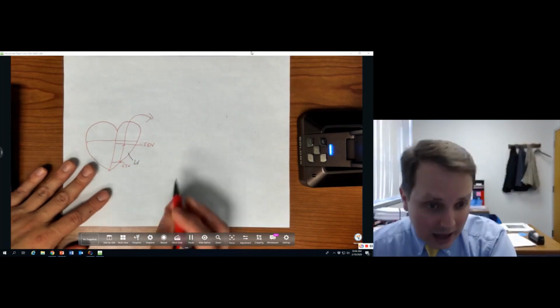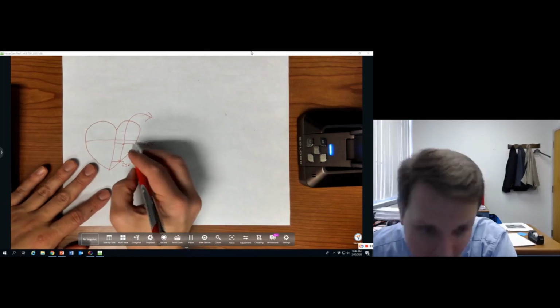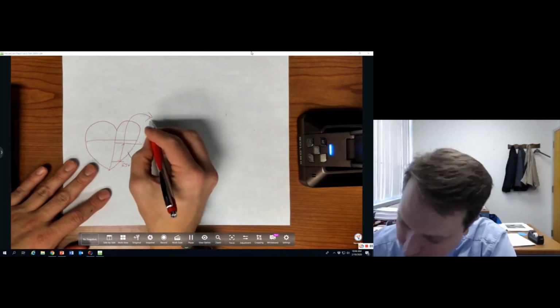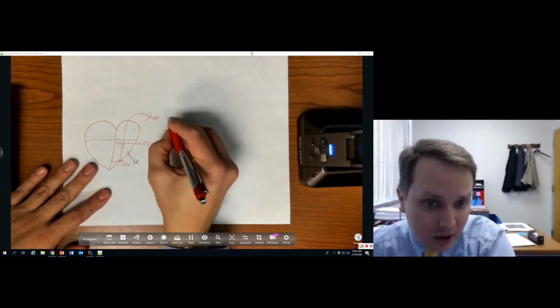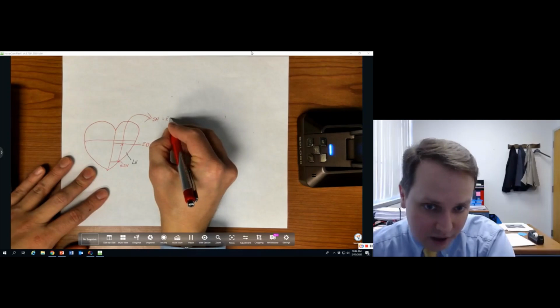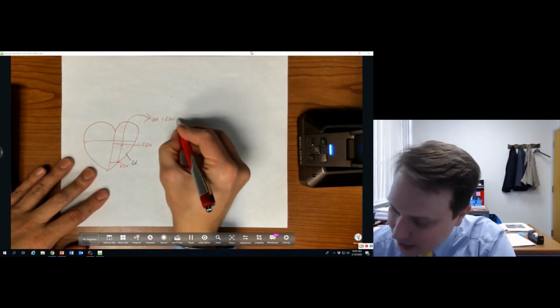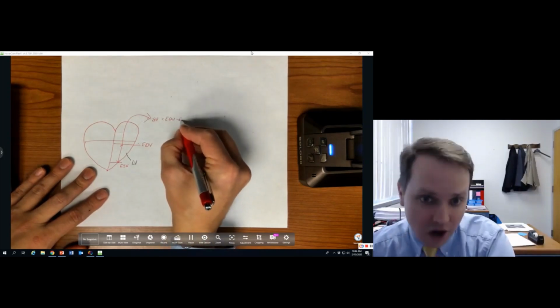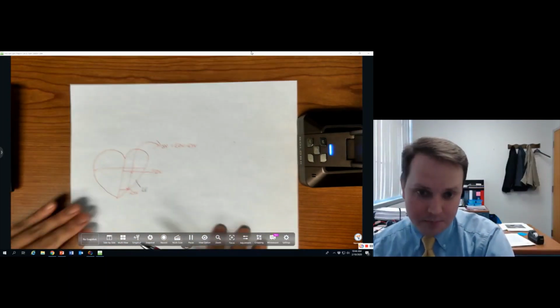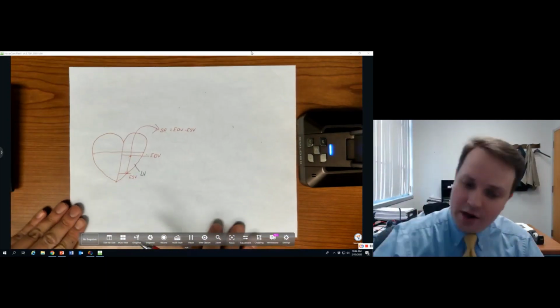And this amount of blood between here is what actually got pumped out, called the stroke volume. So stroke volume equals EDV, end diastolic volume, minus end systolic volume. You will need to memorize that equation there, okay? That is an equation you're going to have to memorize.